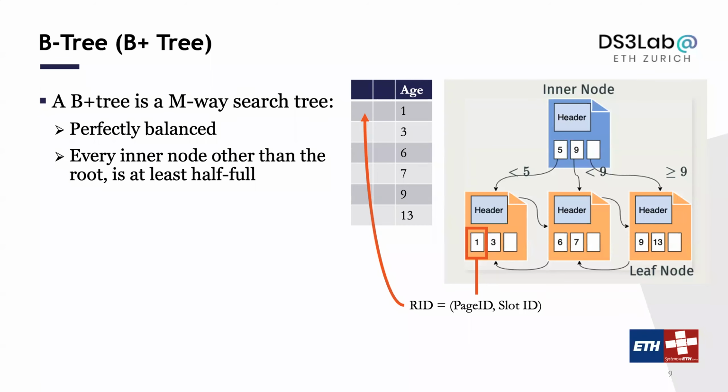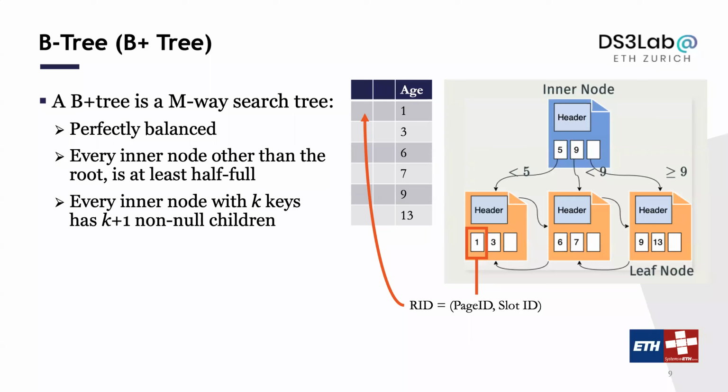The way that it enforces that is it's going to enforce that every single inner node in the tree, other than the root, needs to be at least half full. Okay, so you cannot have one inner node that is almost empty, right? So every inner node is going to store a set of keys. When it stores k keys, it has k+1 children, right?